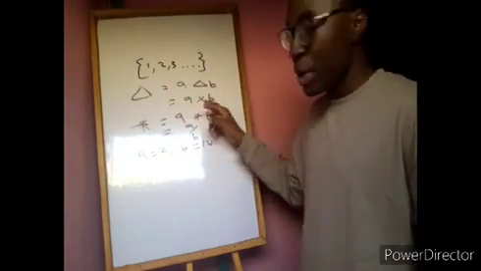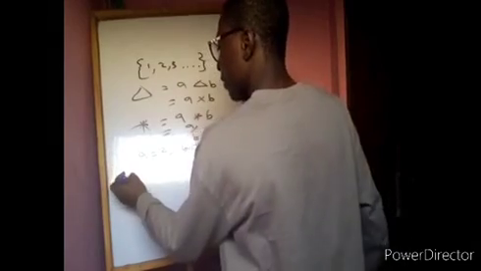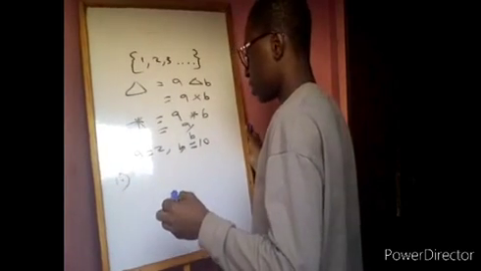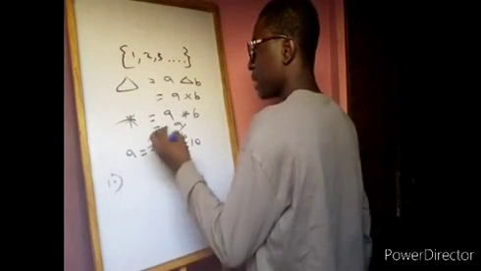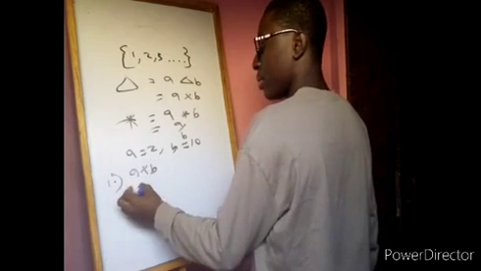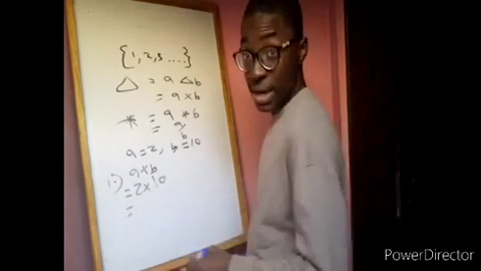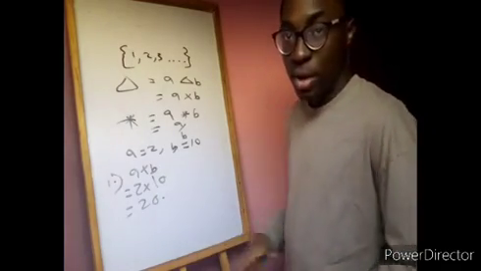A delta B means A multiplied by B. Mind you, this is a test of the validity of these conditions. So A delta B is A times B, where A is 2 and B is 10, so that's 2 times 10, and our final answer is 20.